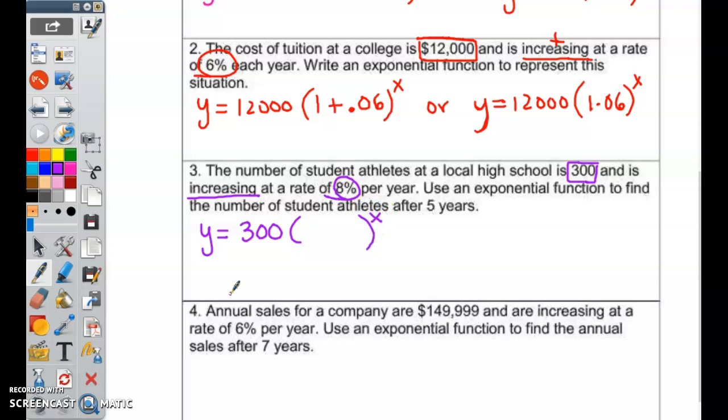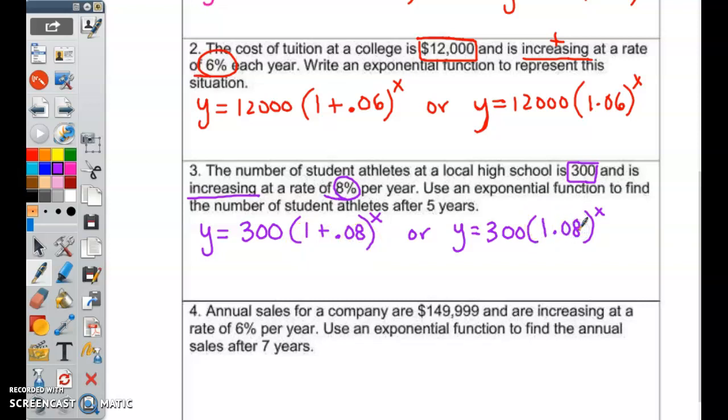What's inside the parentheses? 1 plus 0.08. Or y equals 300. And how do I add this? What does it give you?